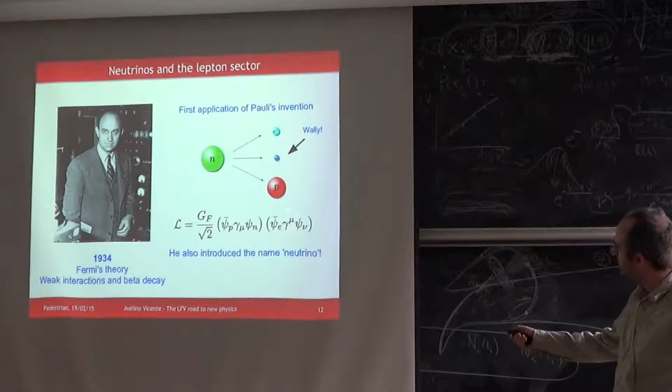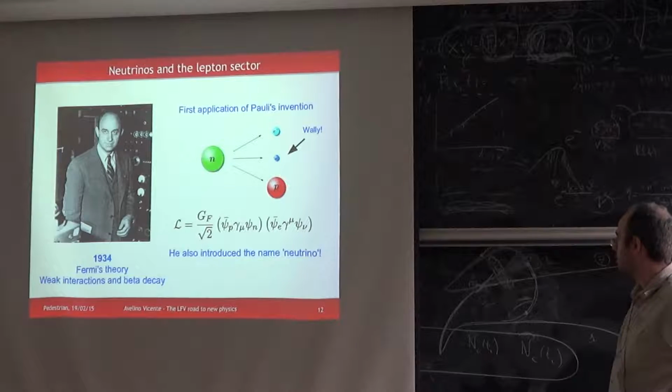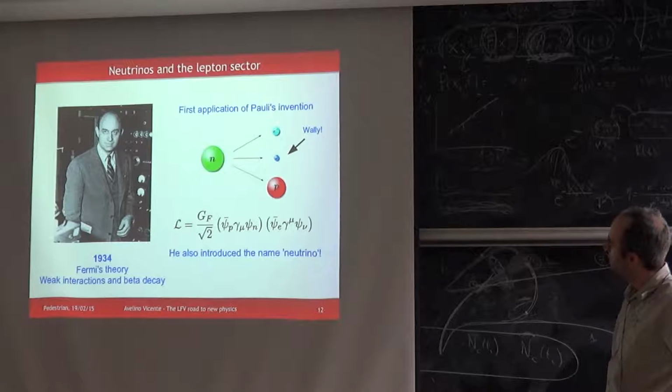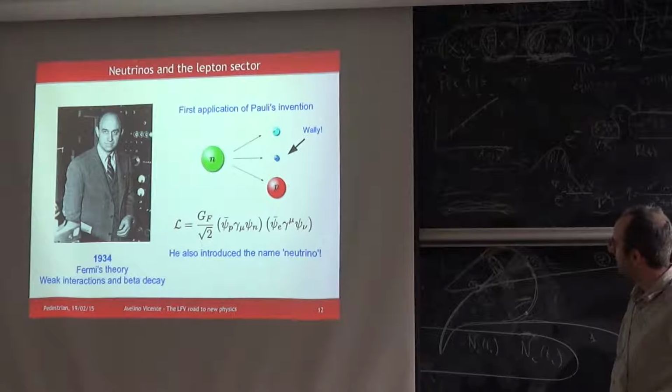He proposed this Lagrangian for the interactions of neutrinos with the protons and the neutrons in the nuclei. And this theory was actually very successful in reproducing the results. I think it is very interesting that something that was created as a speculative idea had very good results immediately.